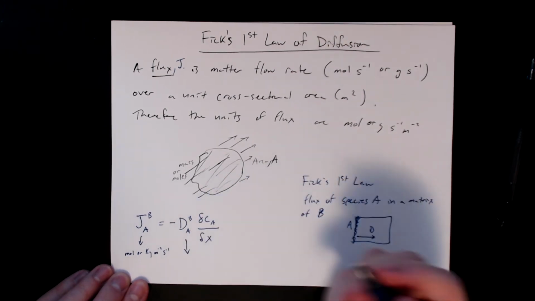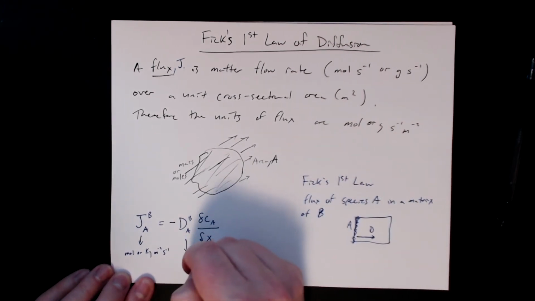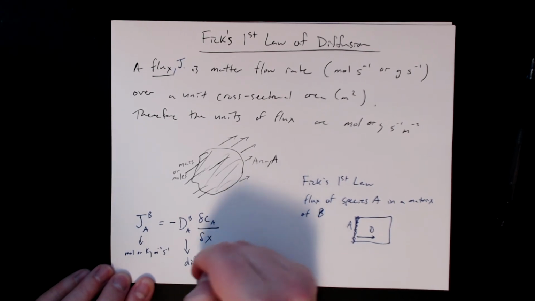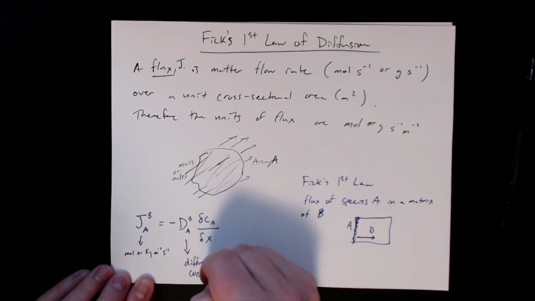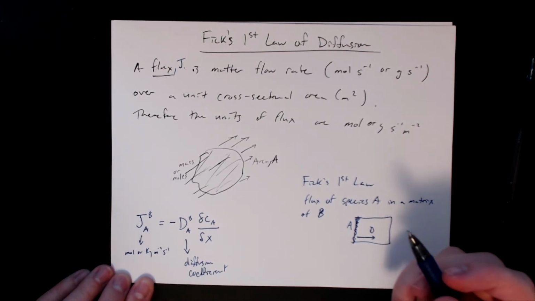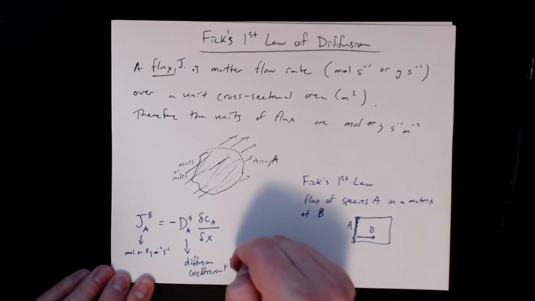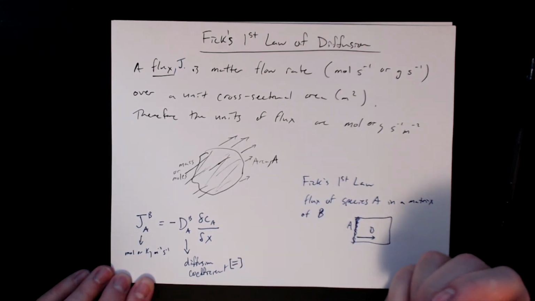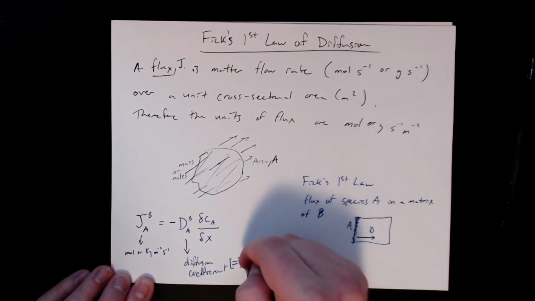This D is the diffusion coefficient, and again, that's the diffusion coefficient of species A in matrix B. And this term is going to have units of meter squared per second.